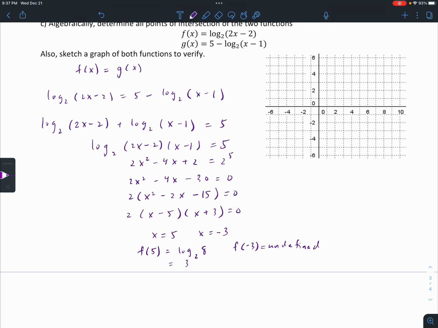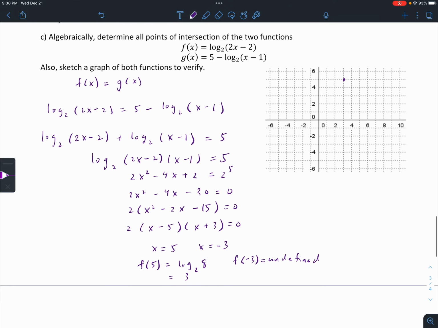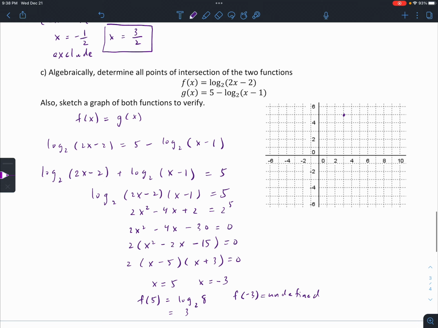So that would be here. This is what we're expecting. So f of x, let's see how we would graph this. So it's log to the base 2 of 2 times x minus 1.